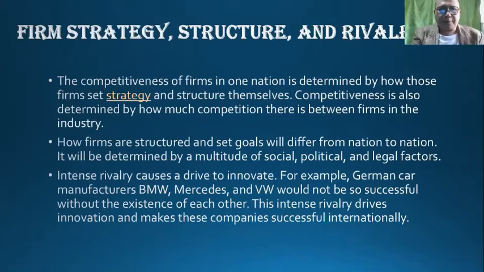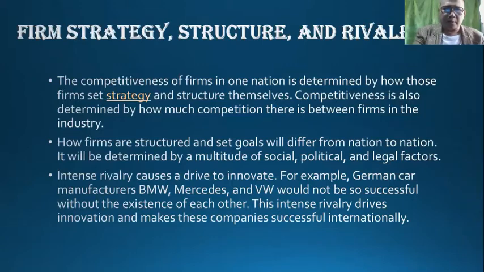Okay, so the first diamond is the firm strategy, structure, and rivalry. The competitiveness of firms in one nation is determined by how those firms set strategy. Strategy is a word whose closest meaning is action.